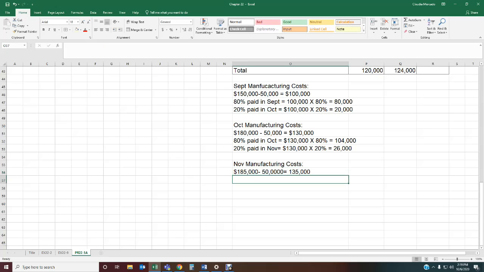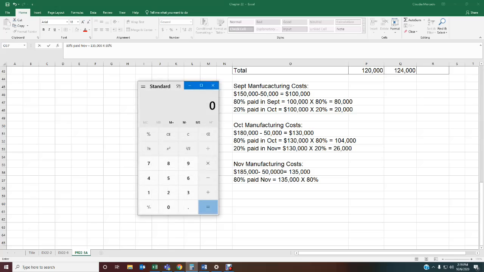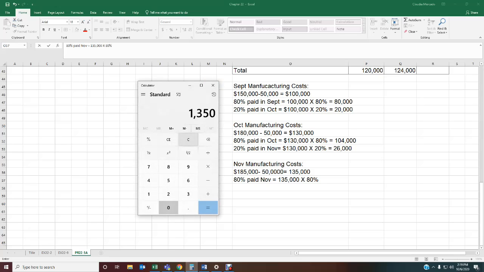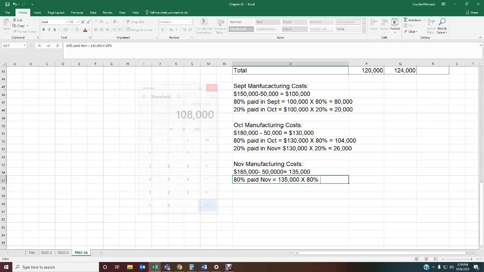Now of that 135,000, 80% is going to be paid in November. So 135,000 times 80% gives me $108,000, which is going to be paid in November.